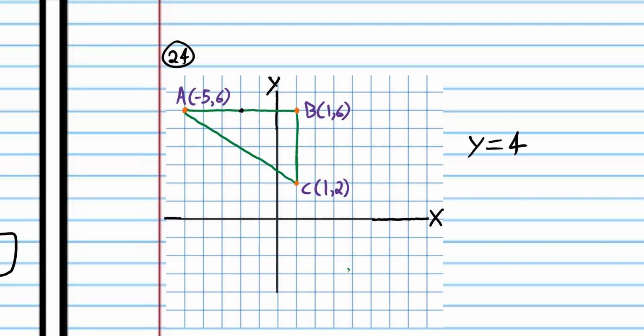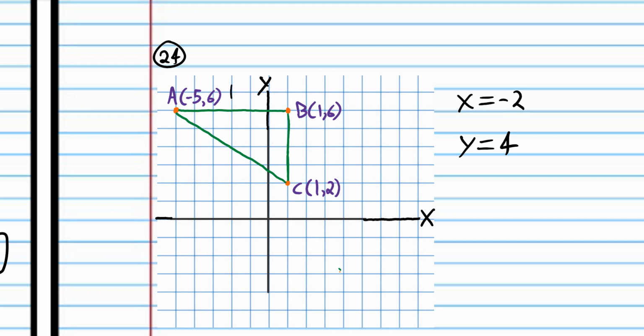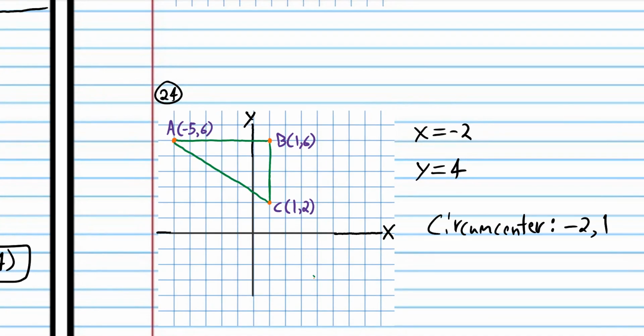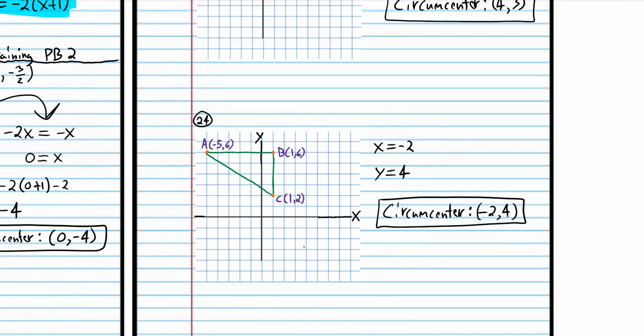So that would be x equals -2. So obviously, if the perpendicular bisector is here and here, then they have to intersect at (-2, 4). So the circumcenter is (-2, 4). So if you got that answer, good job.